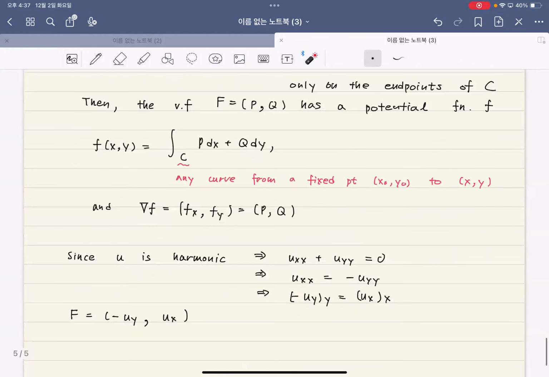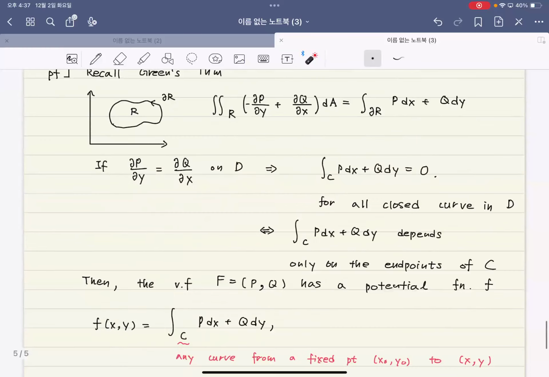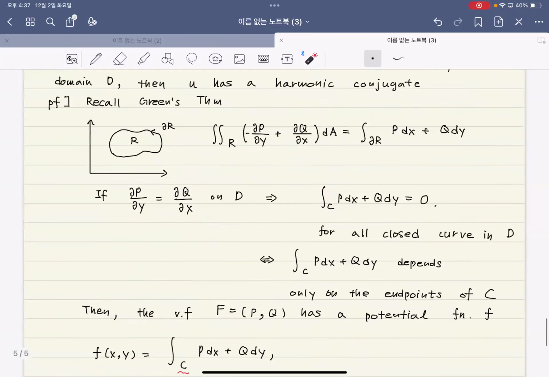And this x component taken derivative with respect to y is the same as the y component taken derivative with respect to x. And we know they're the same thing, right? So that means for this vector field, the left-hand side of this double integral should be 0, right?